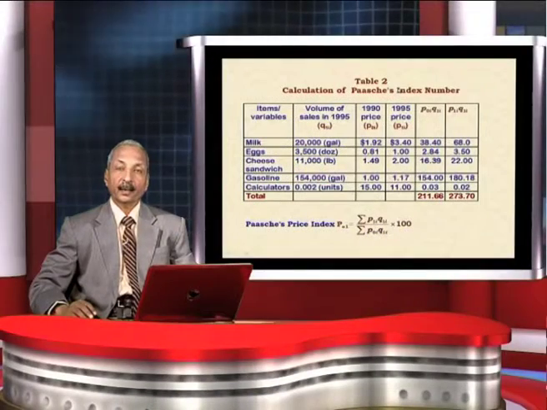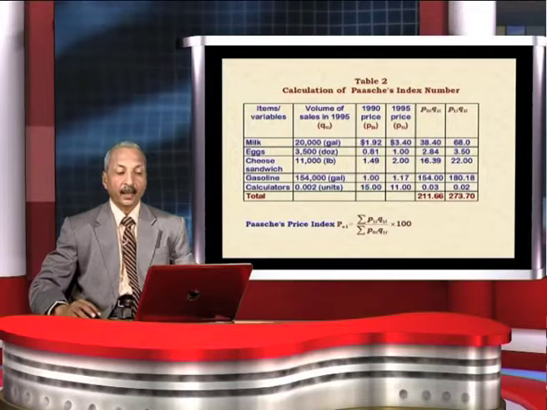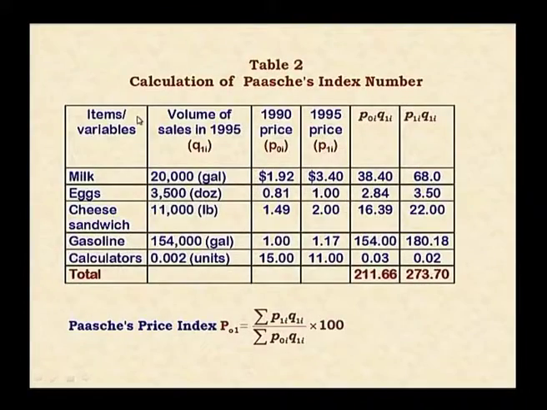Now, let us see how Paasche's index number can be computed. In this table, we see that the first column gives the name of the items under consideration.